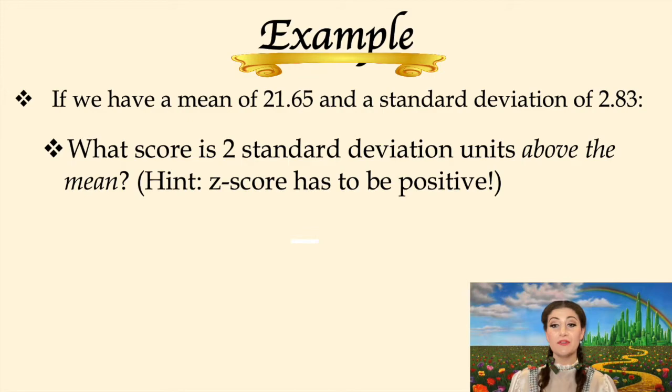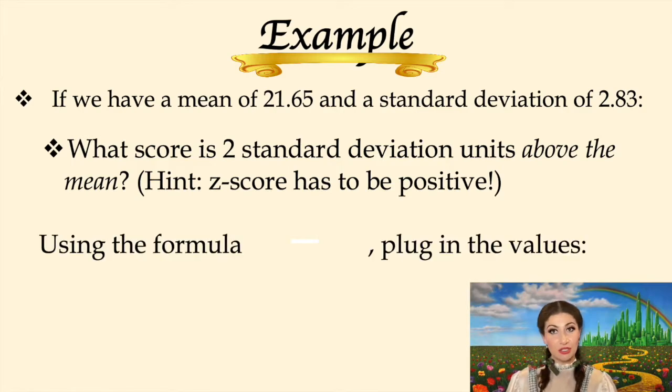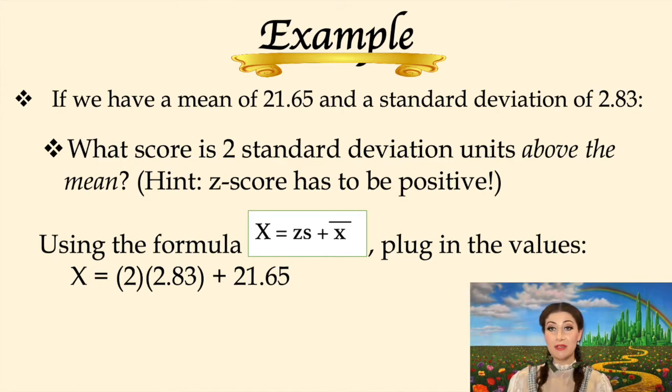If the question asks you about deviation units above the mean, then you know the z-score will be positive. So once again, using the same formula, we're going to plug in those values. This time, the number 2 is going to take the place of z because 2 represents 2 standard deviation units. In other words, a z-score of 2.